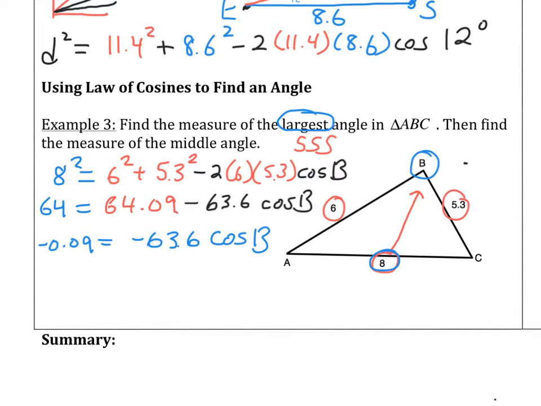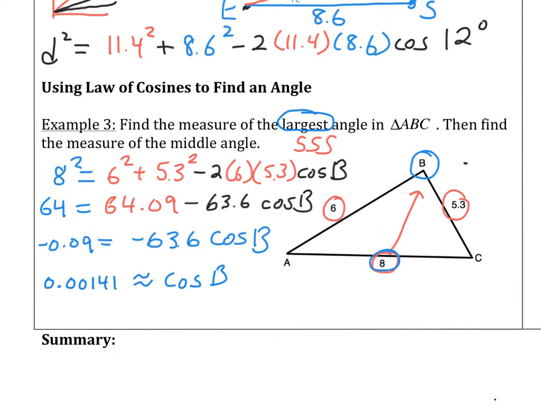Okay, now we continue here. And this estimate right here is going to be, after we divide, approximately 0.00141. And that's approximately equal to my cosine.